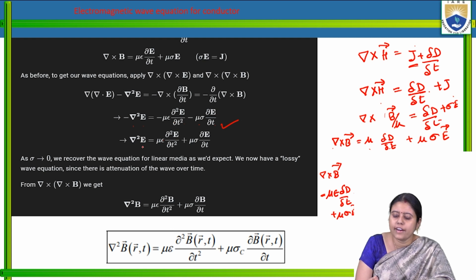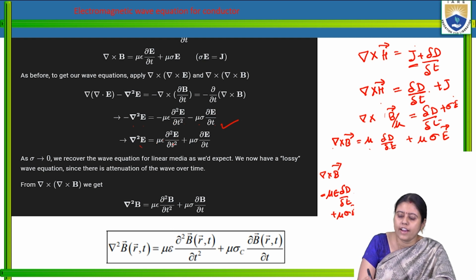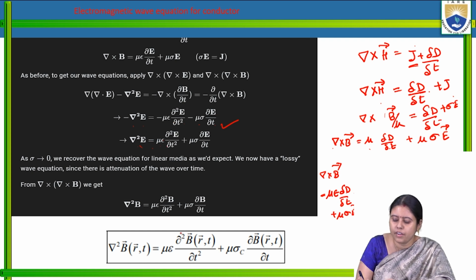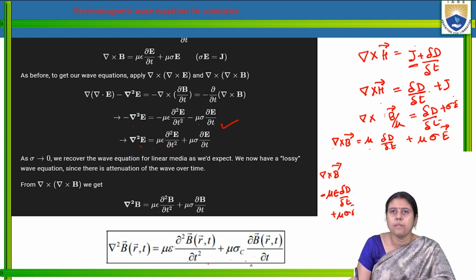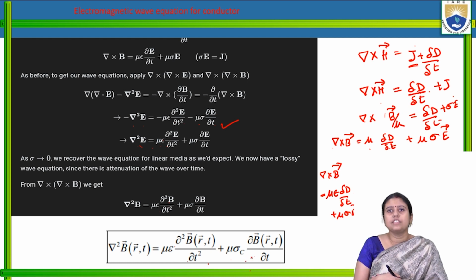So what is grad square E? Grad square E is equal to mu epsilon grad square B by grad square T plus mu sigma delta B by delta T. So this is the electromagnetic equation. And what is mu sigma?